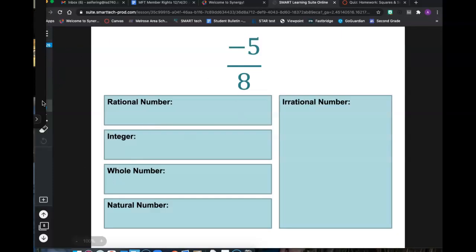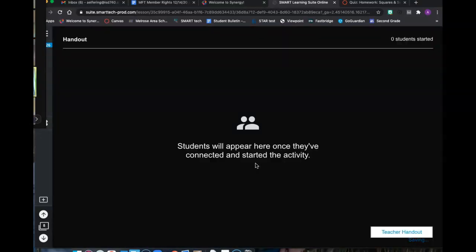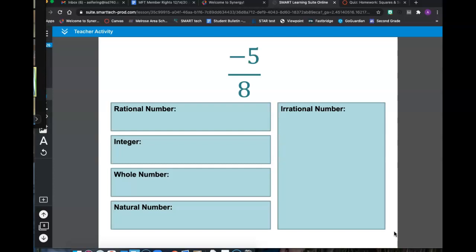Okay, we have a fraction. I'm going to make it an activity, so you can click start. It's -5/8. Put that in all the categories that you think it belongs in. And it only belongs in one. This only belongs in one category.